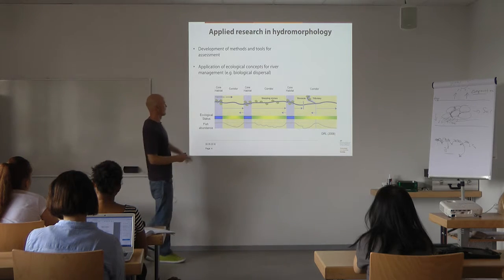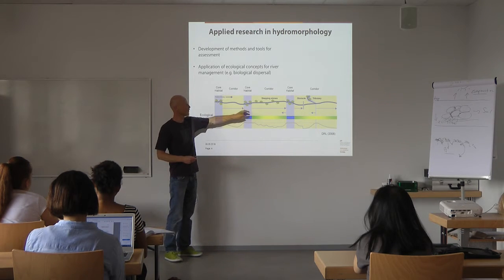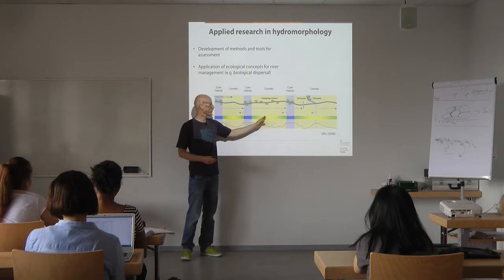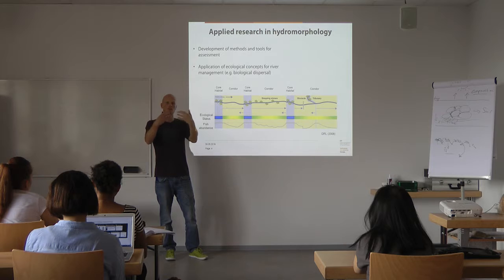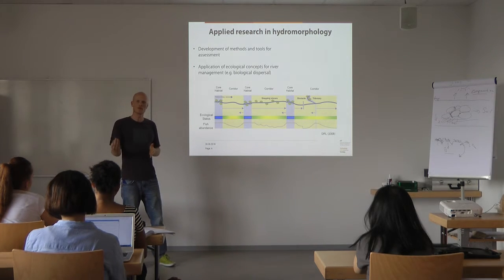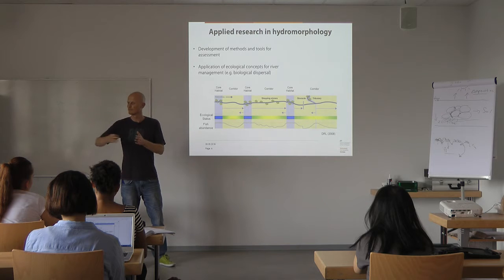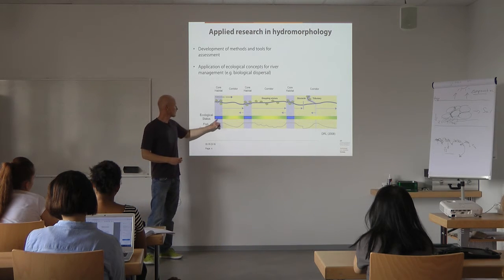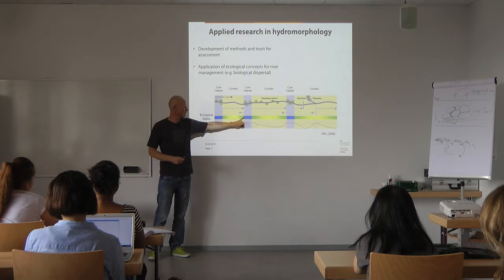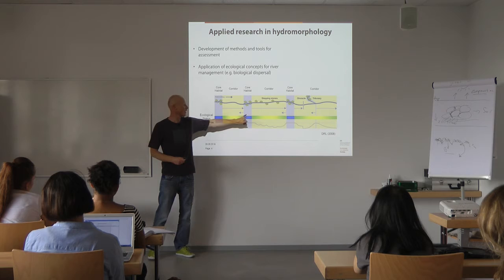Very quickly, it says that you have some sort of core habitats, and from these core habitats you have a sort of biological dispersal, meaning fish migrate, or benthic invertebrates are just moving along the river. And this also improves the ecological status within such core habitats.